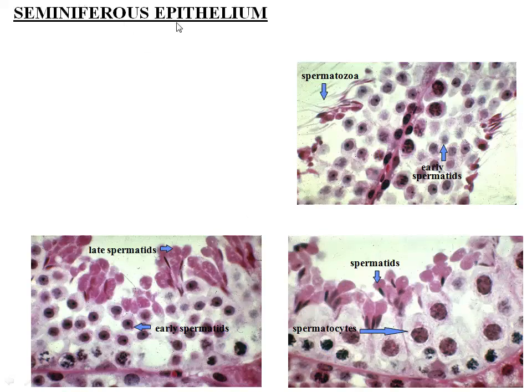This seminiferous epithelium is shown in this photograph. Now see here, early developing spermatids are shown and these are the mature spermatozoa. So this is the spermatogenic epithelium. This is one side of a seminiferous tubule, this is another side of the seminiferous tubule.